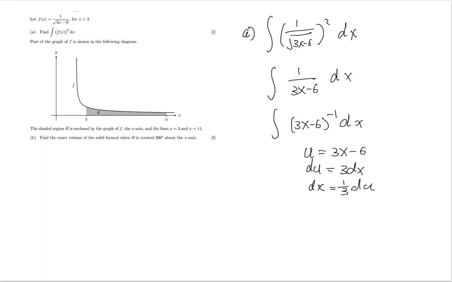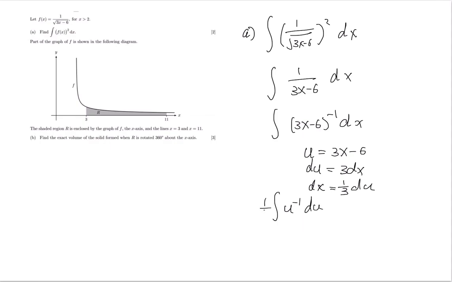And therefore we can substitute that value in: integral of u to the power of negative 1 times 1 over 3 du. We can put the 1 over 3 in the front, so it's easier for calculation.